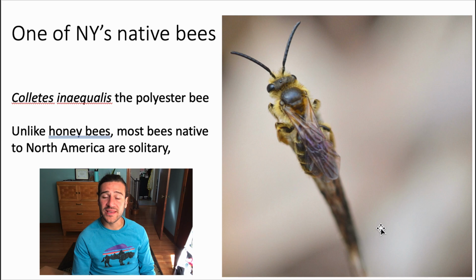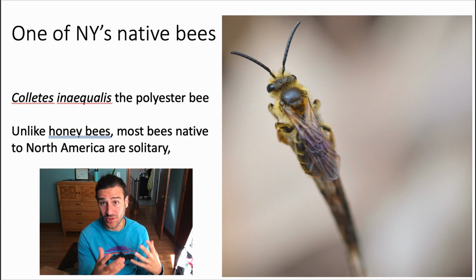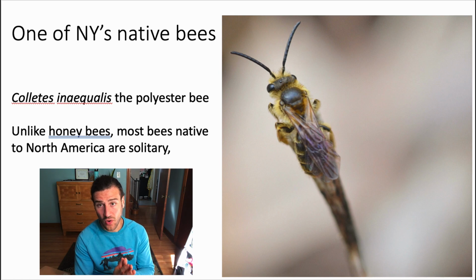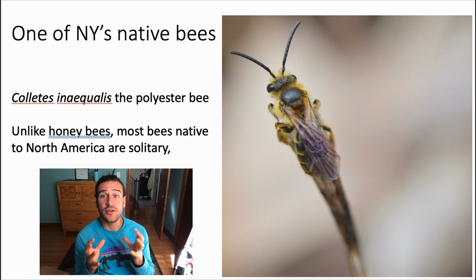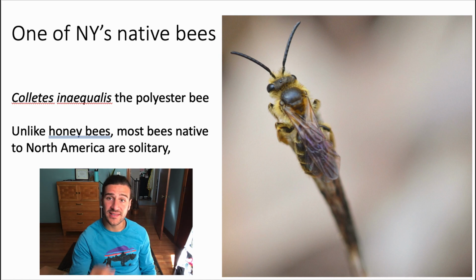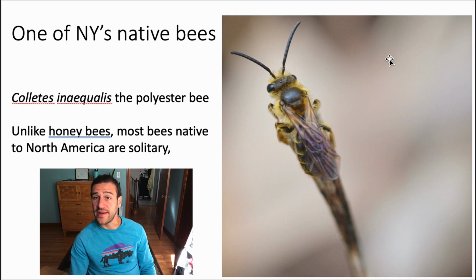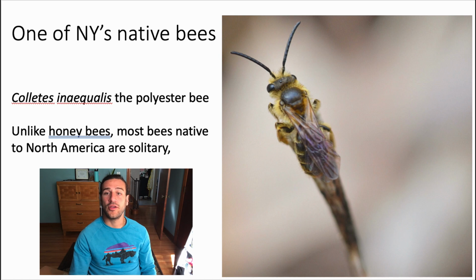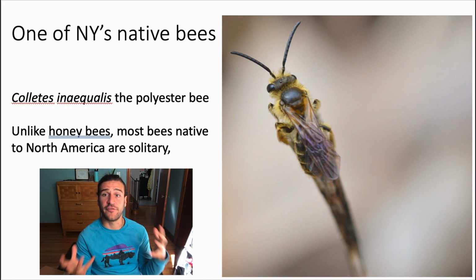Now, native bees have co-evolved with many of the plants that also evolved here. So now you get to understand the conundrum of these honeybees that might compete with our native bees. Honeybees are not going to be knowledgeable about the different flora that has evolved here.